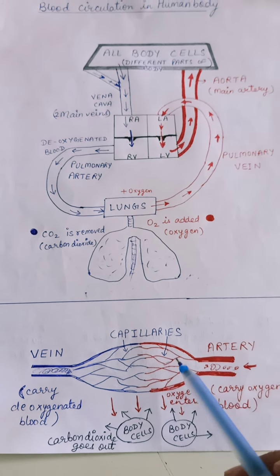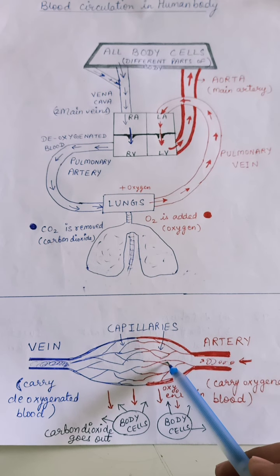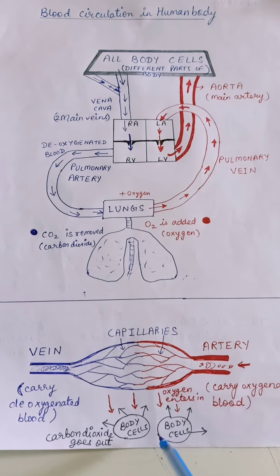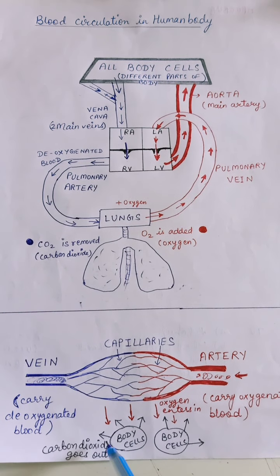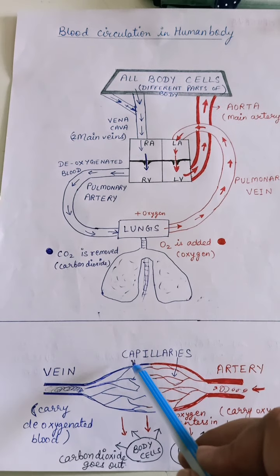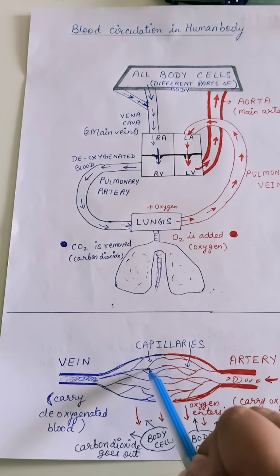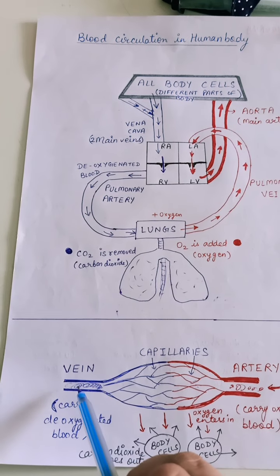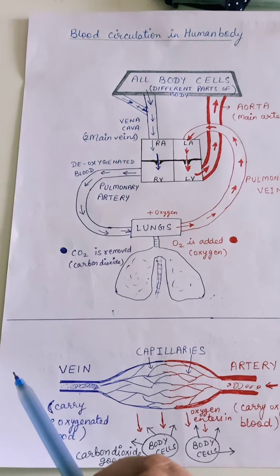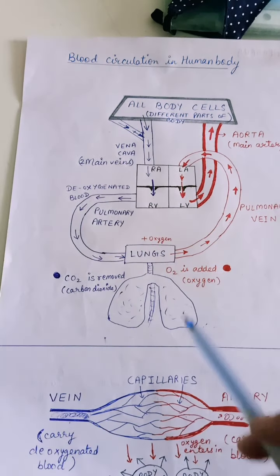Now what happens? These capillaries play a major role in supplying oxygenated blood to the body cells and carry this carbon dioxide rich deoxygenated blood again back to the veins, and then these capillaries join the veins. Now they play a major role in supplying this blood to the heart for purification.